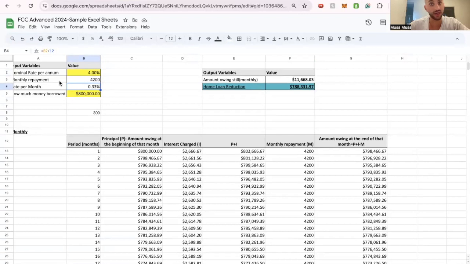If I do that, just like I mentioned in an earlier part, that's actually wrong. 4% compounded monthly is not the same as 4% compounded fortnightly. What you would need to do is find an effective rate that is per fortnight, which is equivalent to 4% compounded monthly.